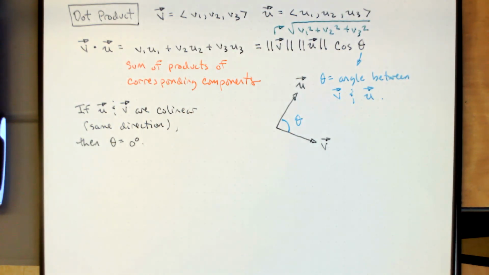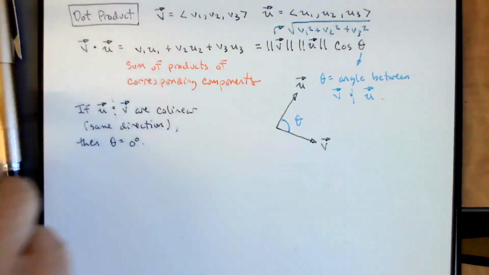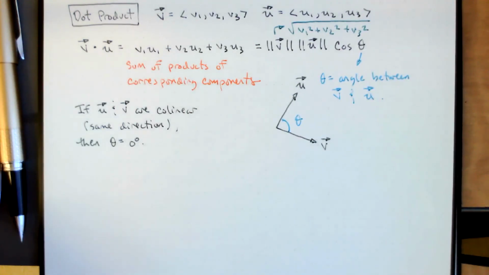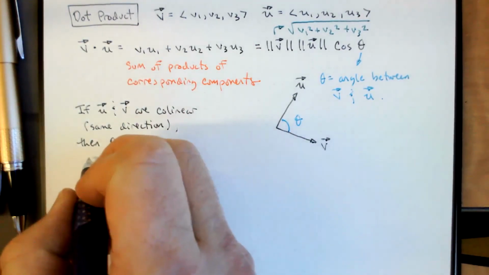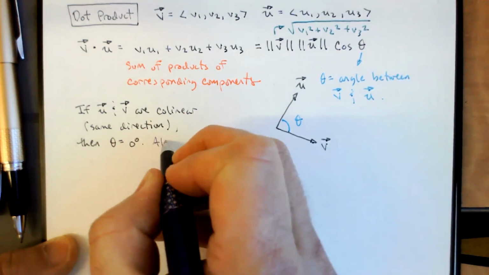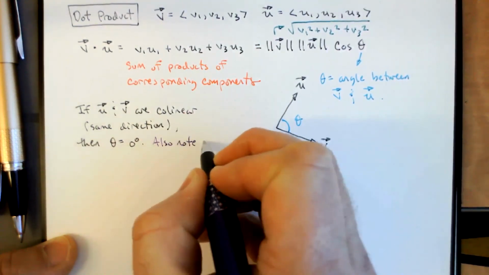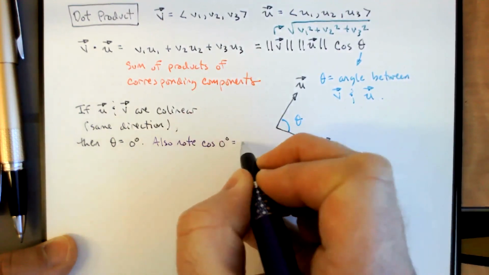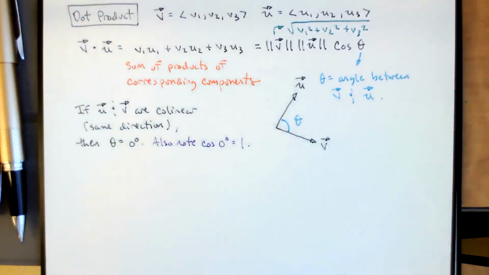And the cosine of 0 is equal to 1. So if U and V are going in the same direction, that means the dot product is at its highest value. The biggest that cosine of theta can be is 1; cosine of theta will be between 1 and -1.